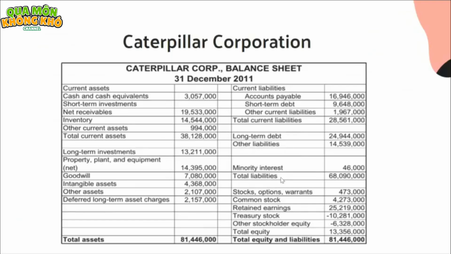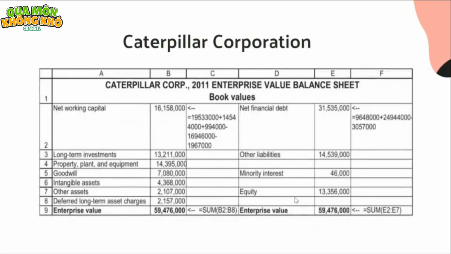And we net our liquid assets. The assumption is that these assets are not needed for the core business activity of Caterpillar. So the book value of Caterpillar's enterprise value is $59,476,000.